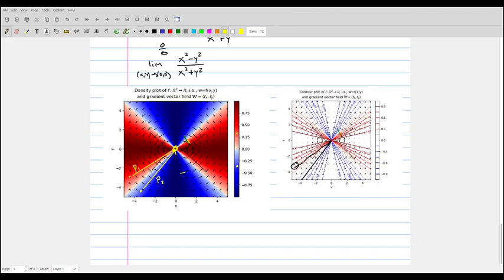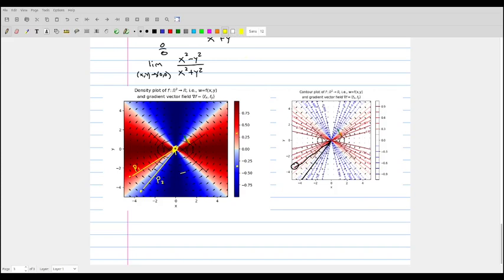Now you can see this without looking at the plot by doing the z traces of this function, or the contour curves for the function. If you fix various values of c and look at the shape of the contour curves, they are going to be given by straight lines.